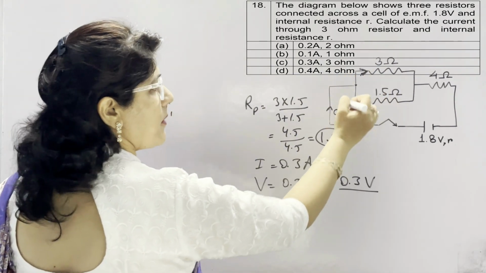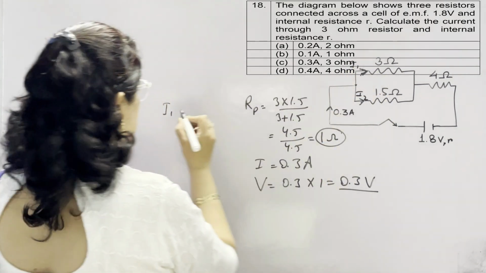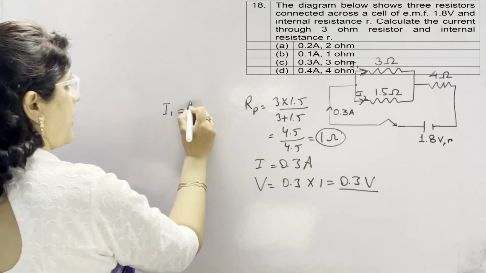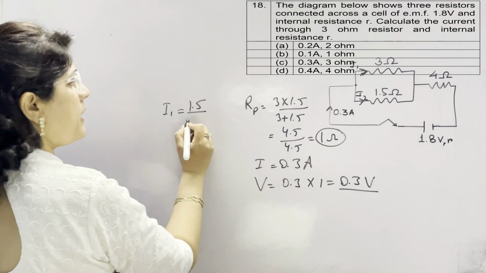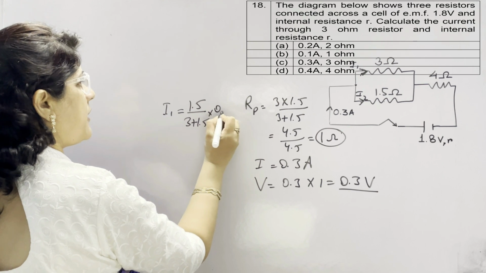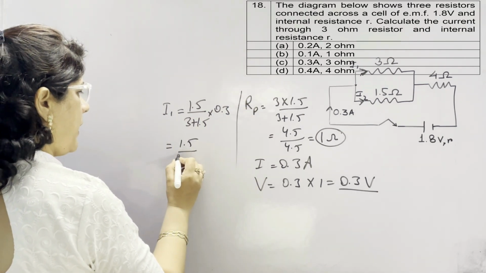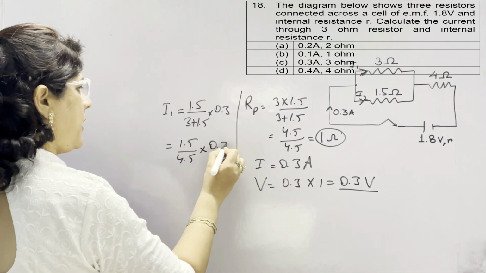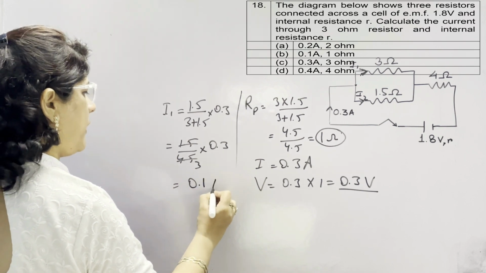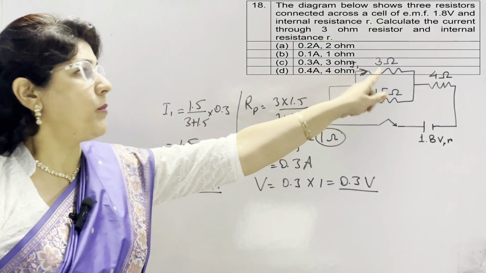Suppose this 0.3 ampere is the total current divided into two branches, I1 and I2. So I1 is equal to 3 ohm में निकालना है तो दूसरा रेजिस्टर लेना है, 1.5 ओम न्यूमरेटर में, डिनोमिनेटर में दोनों को प्लस करना है, मल्टीप्लाई बाय टोटल करंट कितना आ रहा है 0.3 एम्पियर आ रहा है. 1.5 डिवाइडेड बाय 4.5 मल्टीप्लाई बाय 0.3. 0.3 divided by 3, it means 0.1 ampere is the current through this 3 ohm resistor.